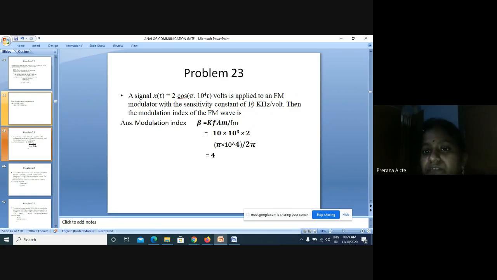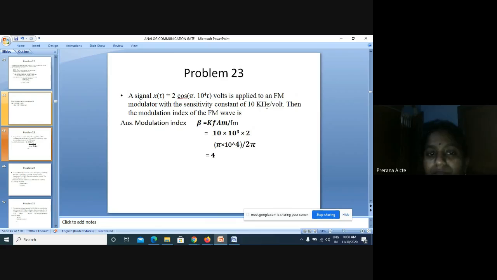That means your KF, the frequency sensitivity, which is a constant, is 10K hertz per volt.